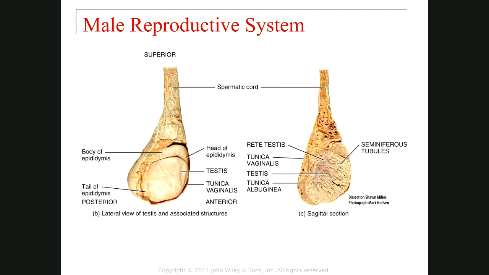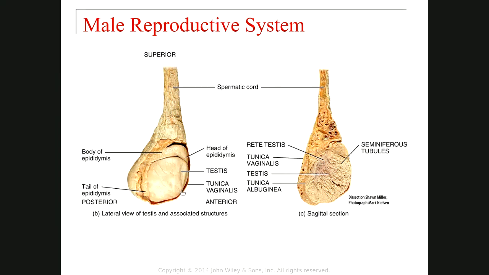In this picture, you can see the lateral view of the testis. Here is the testis, and I told you that the testis is covered with a very tough white membrane or white capsule, which we call tunica albuginea. And outside tunica albuginea, you have the other layer, which is tunica vaginalis.